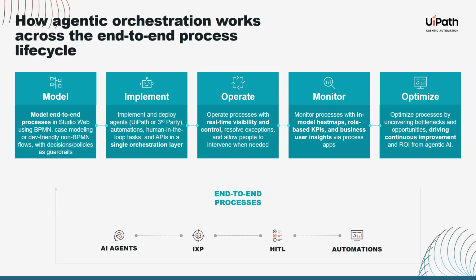And once that has been modeled, we then implement it and deploy these agents. So you could either deploy the UiPath or the third-party agents within your flow, and again integrate your RPA automations as well as human in the loop tasks into just one single orchestration layer. And once that has been deployed correctly, we can then operate these processes with real-time visibility and control.